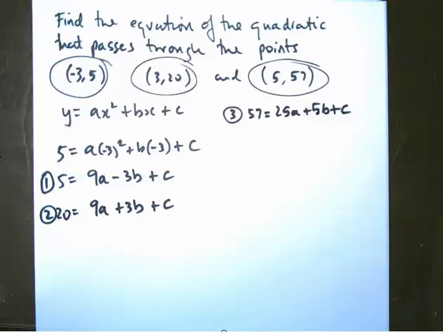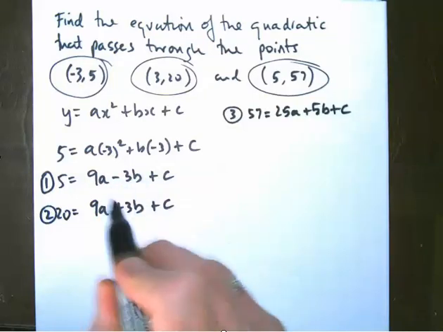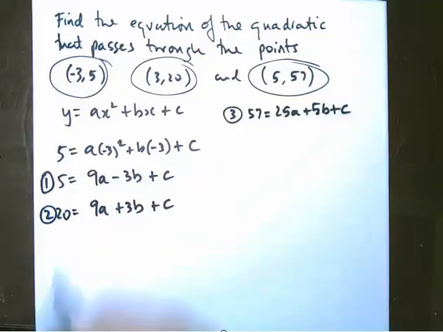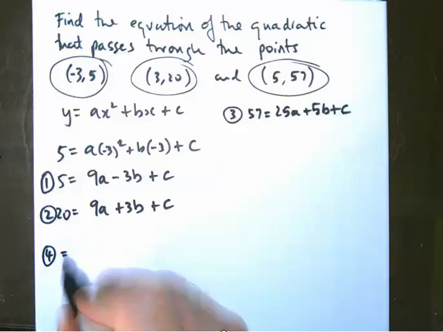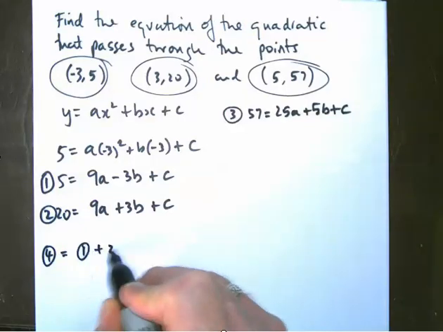I'm interested in solving for each of the pronumerals, so I need to fiddle with pairs of equations to eliminate. Now straight away I can see a -3b and a 3b. So I'm going to generate equation number 4, which will equal equation number 1 plus equation number 2.